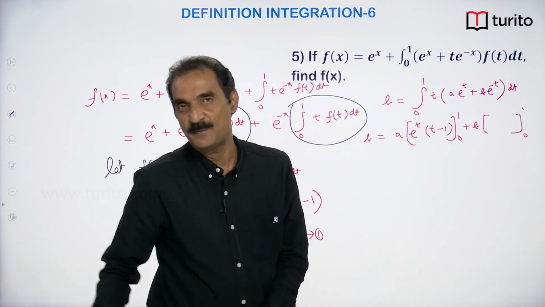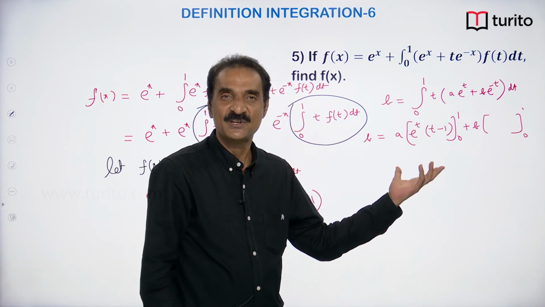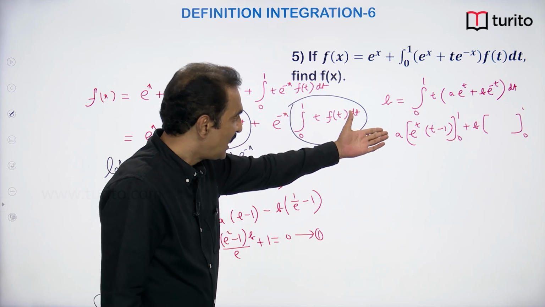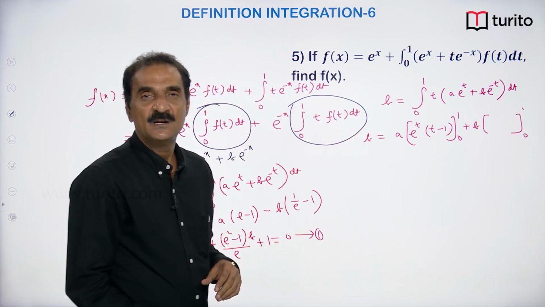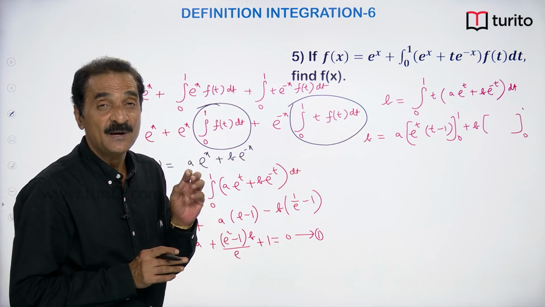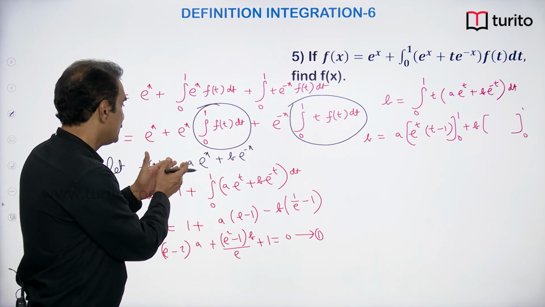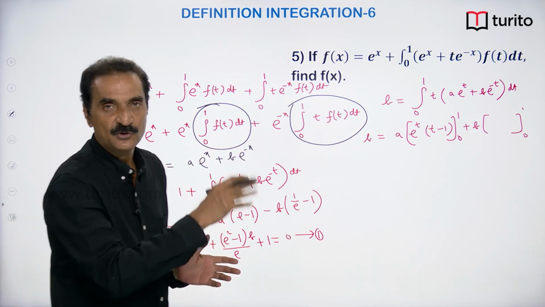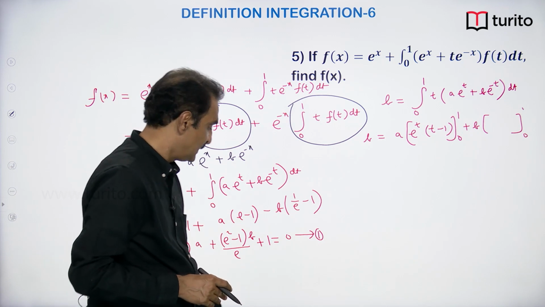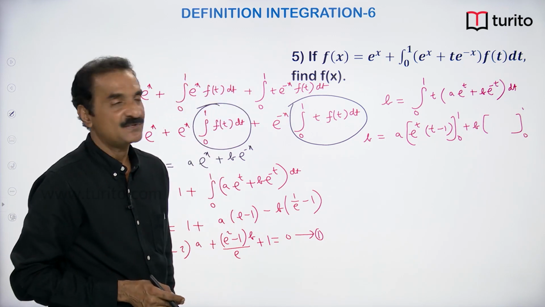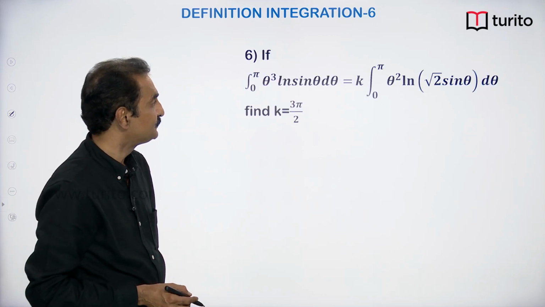Now substituting upper limit and lower limit, you are going to get another equation in a and b. You solve that equation and this equation, you will get the constants a and b in terms of e. Then write the function f of x. So you finish the calculation part so that we can solve more questions.